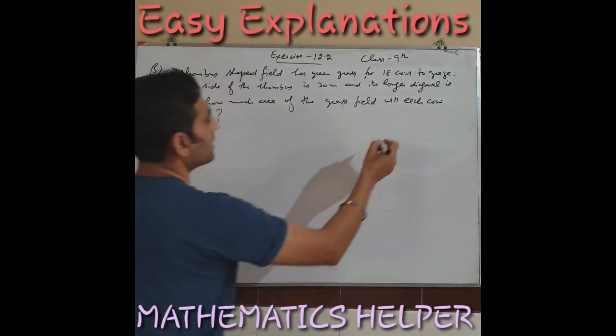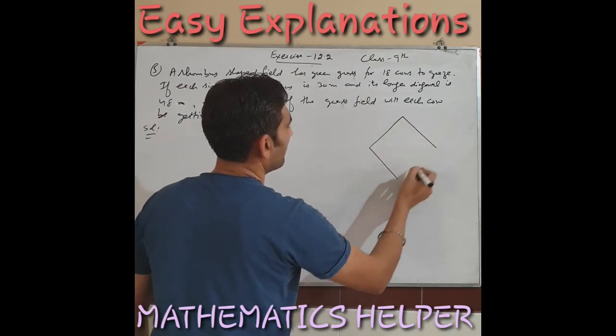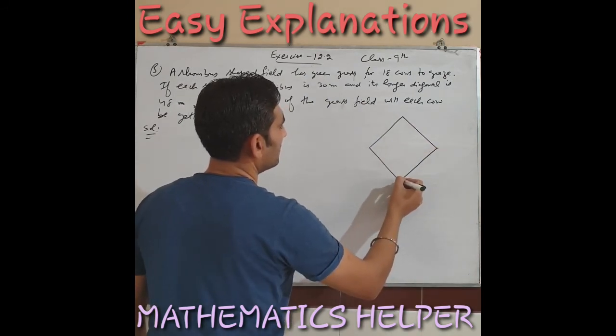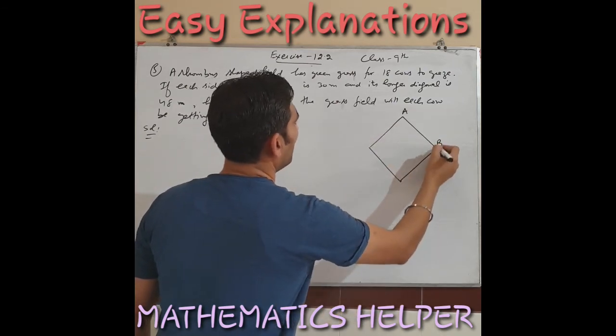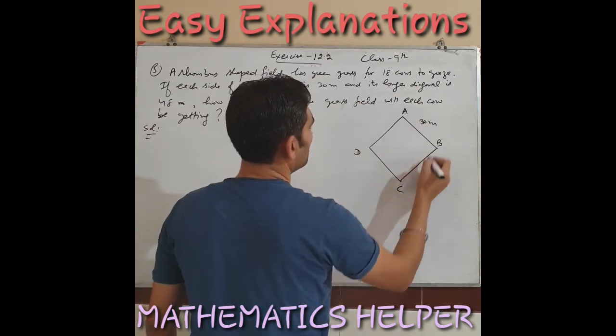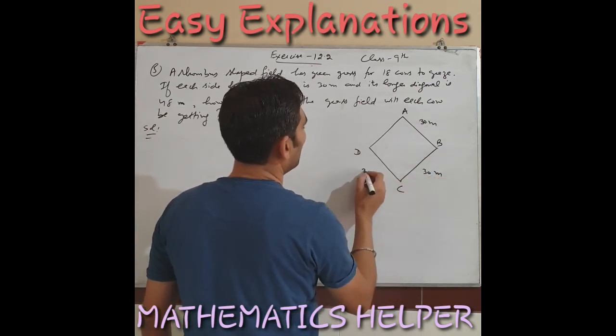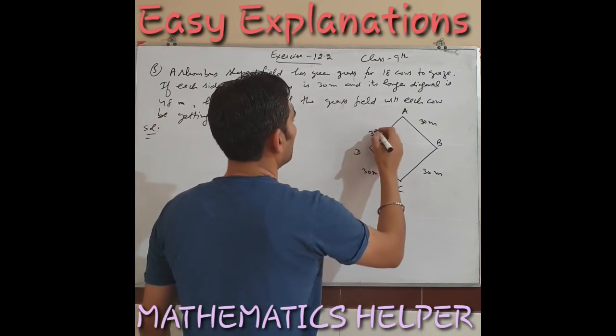So the very first thing you should do is mark a shape like a rhombus. Suppose this is our rhombus shaped field ABCD, in which each side is given equal to 30 meters. This is the rhombus shaped field in which the cows are grazing.